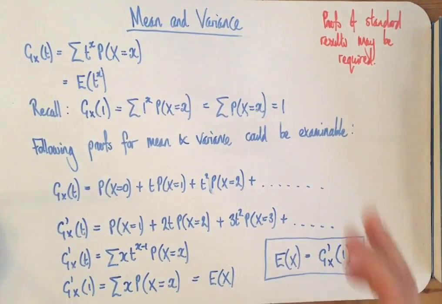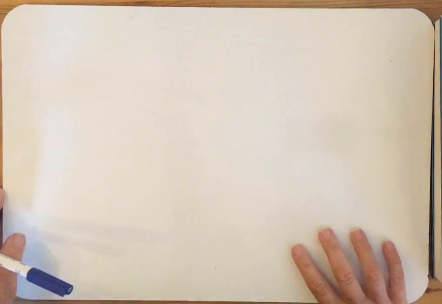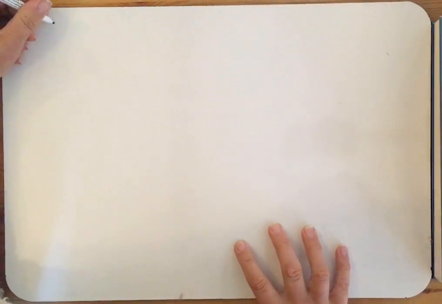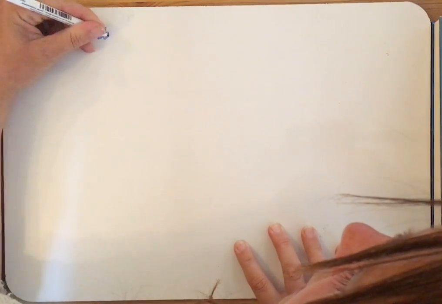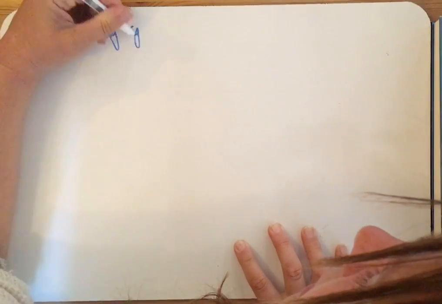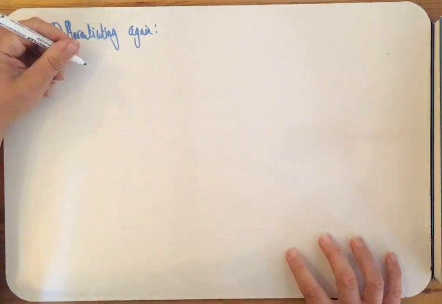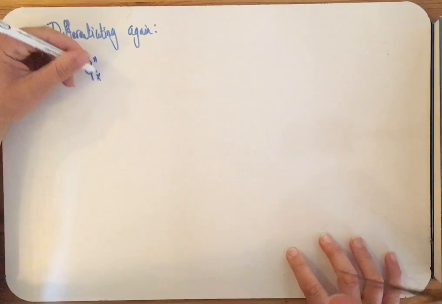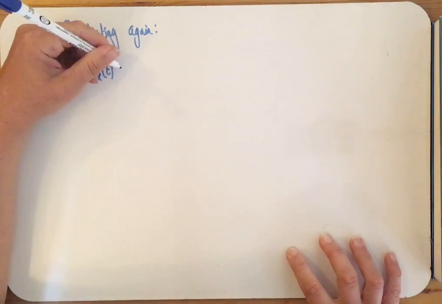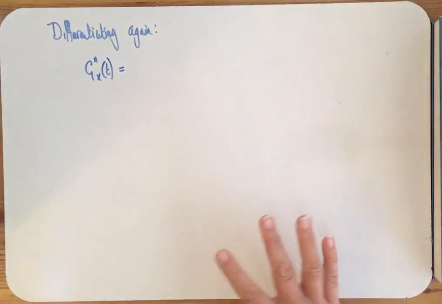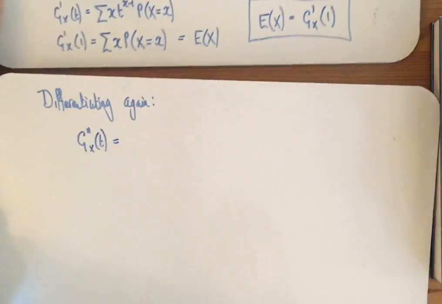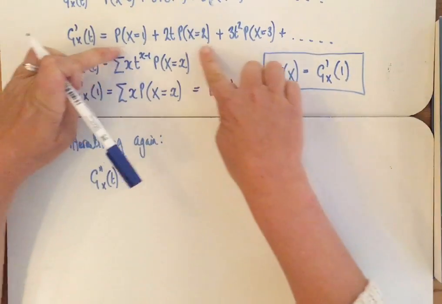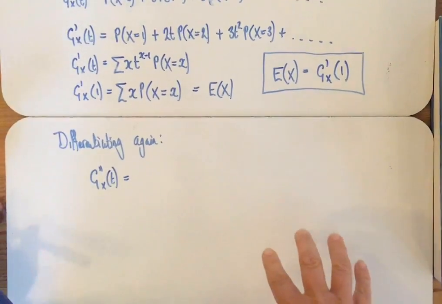Right, similar for the variance, we just differentiate again. I'm going to lose my board a little bit, so I might have to refer back to your notes. So I'm finding the second derivative, essentially differentiating this one here.